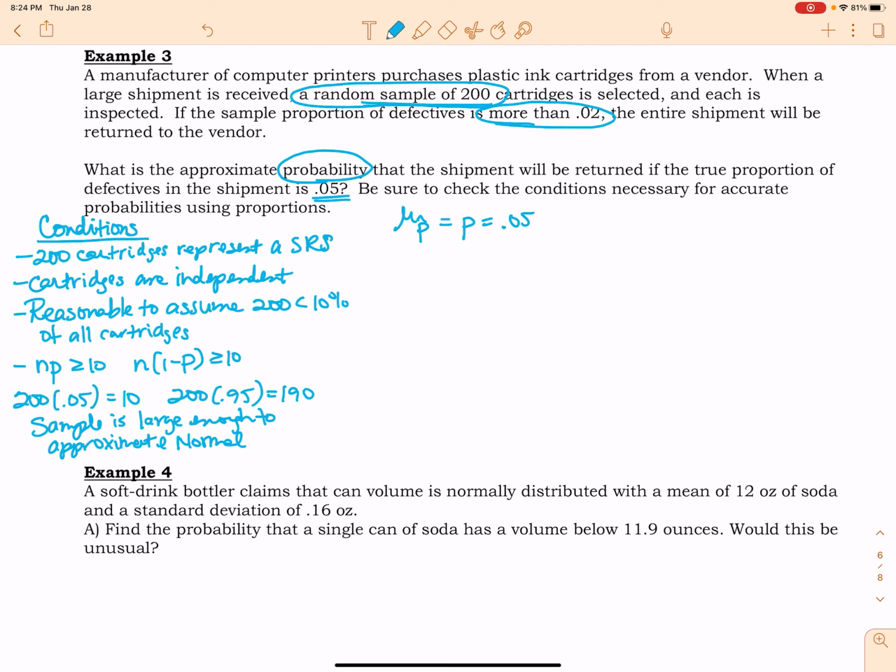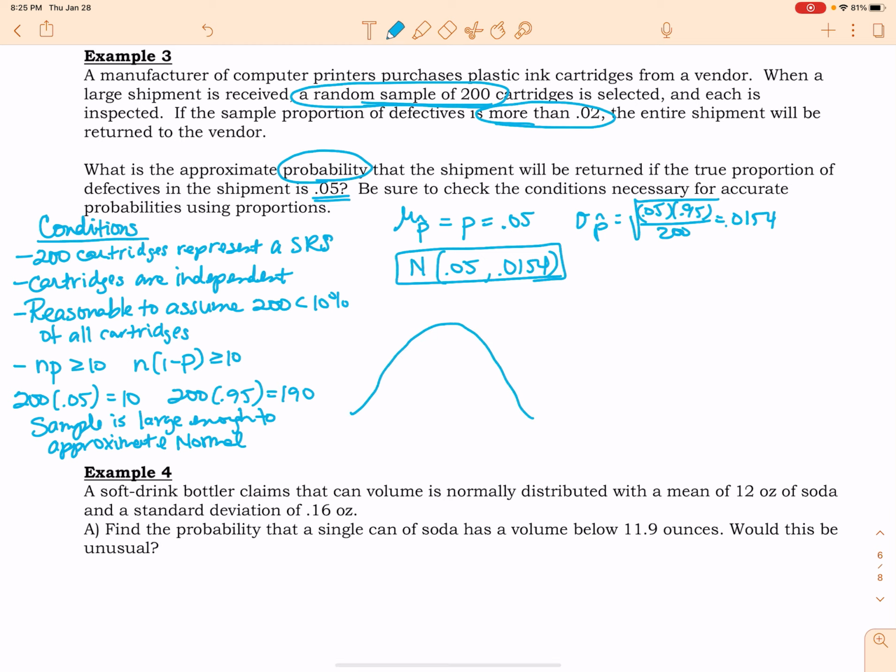So the center would be represented by p, and then the standard deviation is going to be the square root of 0.05 times 0.95 divided by 200, which gives me 0.0154. So my distribution looks like this, and that is the distribution I'm going to use to find my probability.